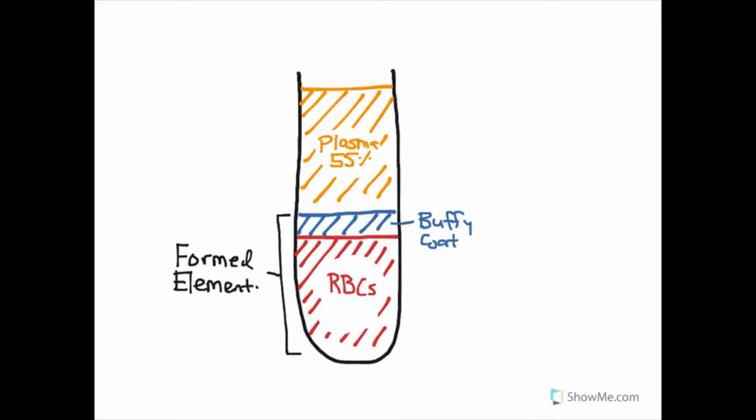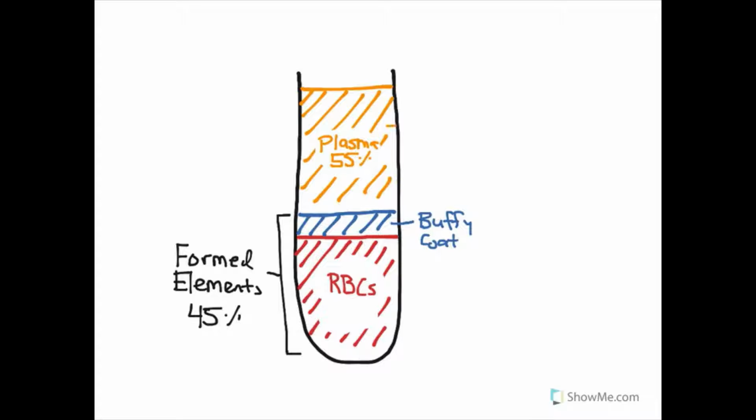So I've got plasma being 55%, and red blood cells and the Buffy coat combined being the formed elements, our remaining 45%. Now we're actually going to start off with the composition of plasma.